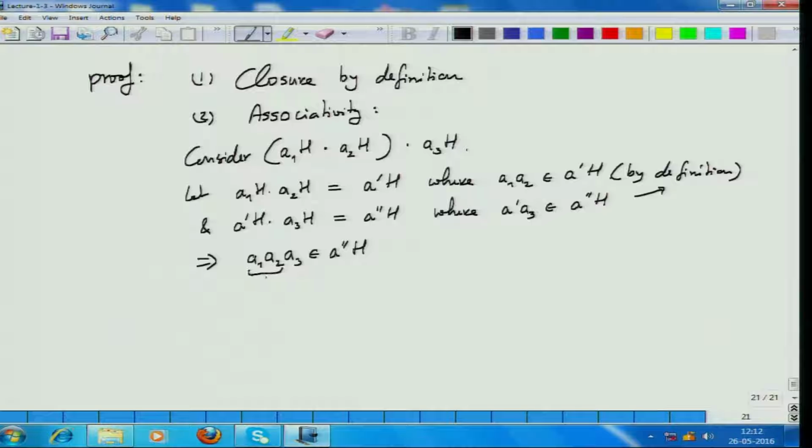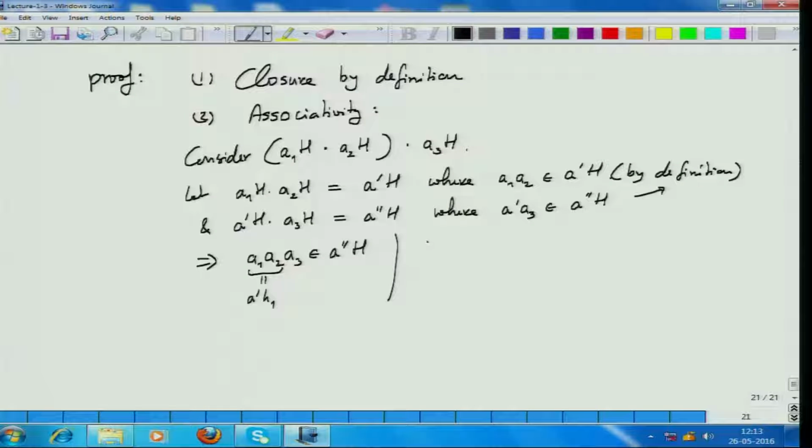A1A2 is equal to A'h1, and A'h1 times A3 is in A''H. So, this implies that A'h1A3 is in A''H, and clearly you can remove h1 from here. Let us just argue this a little more carefully.